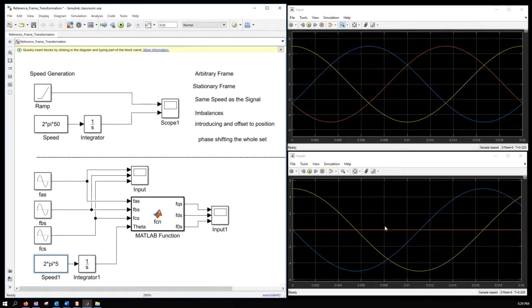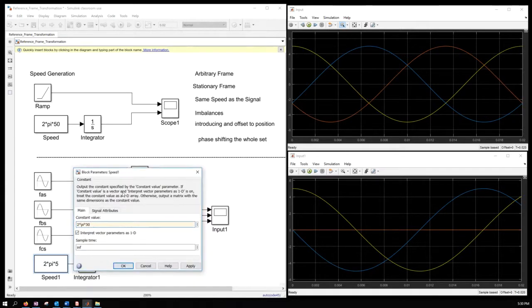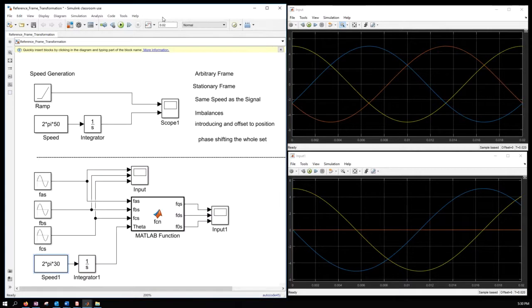It's still sinusoidal. You're still going to see a significant difference here. Let's try maybe 30 hertz. So it's still an arbitrary reference frame.